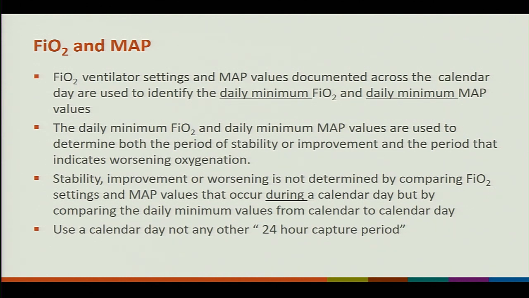So FiO2 and MAP, the FiO2 ventilator settings and then the MAP values are documented across the calendar day for the patients, and we use those to identify the daily minimum FiO2 and the daily minimum MAP, and that is then the values that are used to determine your stability and your worsening of oxygenation.